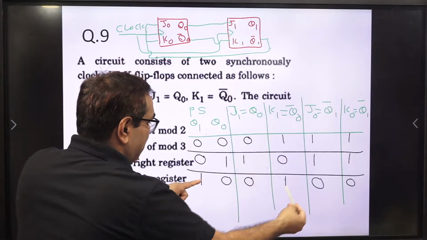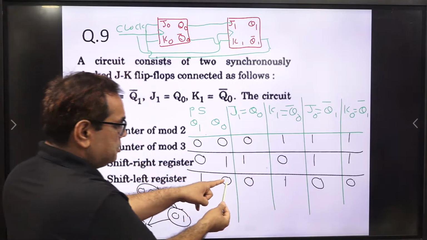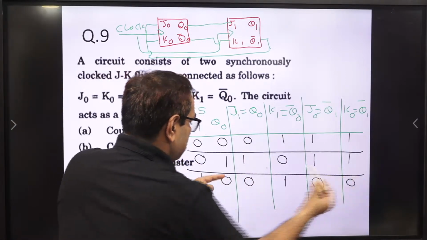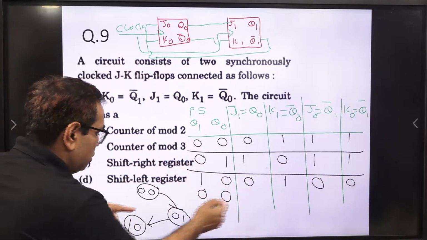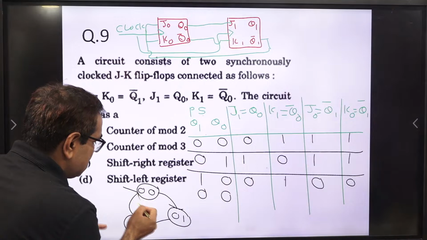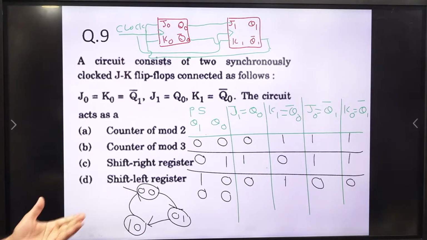In case of 0 1, it is reset, so it becomes 0. Now present state is 0, inputs are 0 0, so no change. So 0 to 0, it remains 0. So next state is going to be 0 0 again. So this is the state diagram. We have got the valid state diagram here. So it is a mode 3 counter. It is not of mode 2, it is of mode 3.